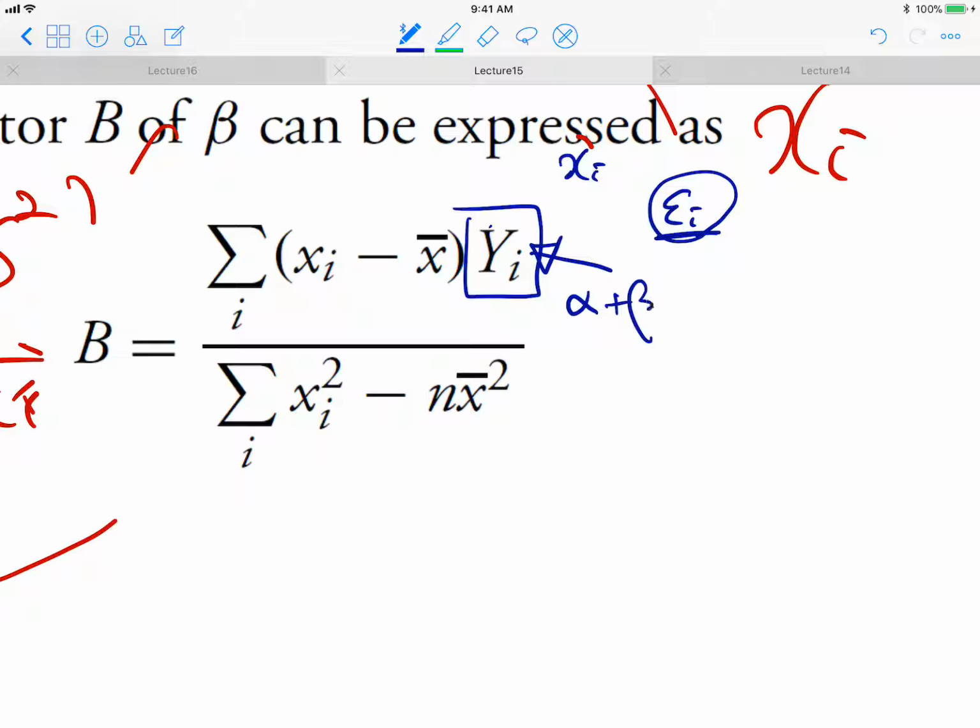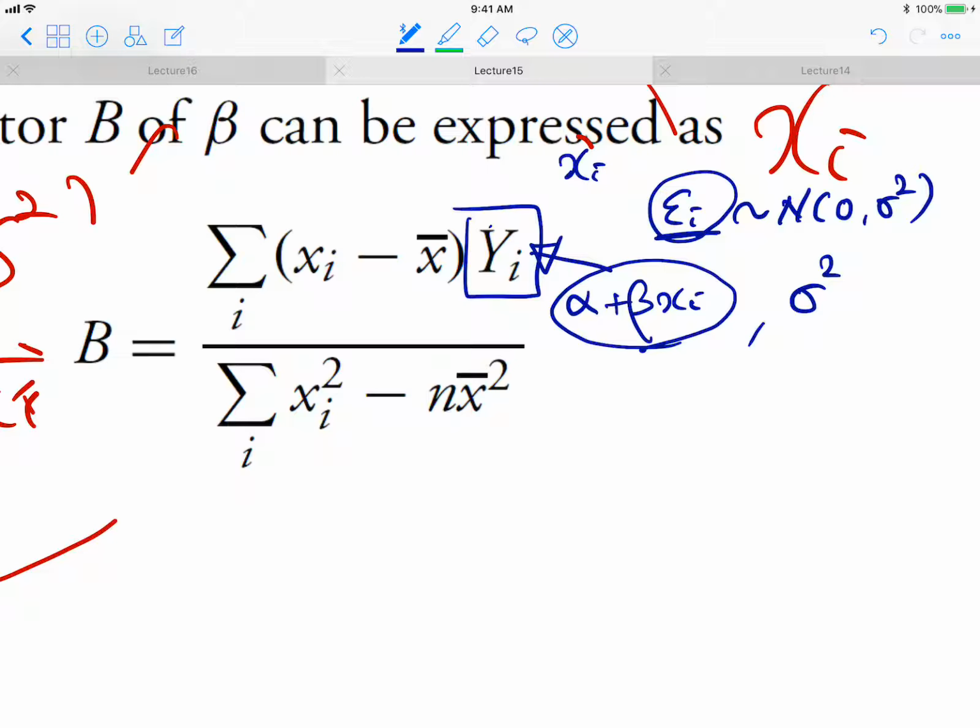And this one has the mean as this value and the variance as sigma squared, when this epsilon i was following this distribution, right? And all the remaining parts, although they look quite complicated, are not random variables. They are just constants when computing this.